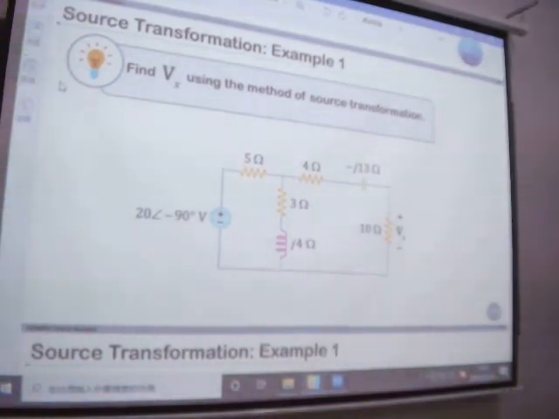We change the resistance to impedance, right? Resistance becomes impedance, and conductance becomes admittance, just like that. Other things are the same. Ohm's law is the same, everything is the same.